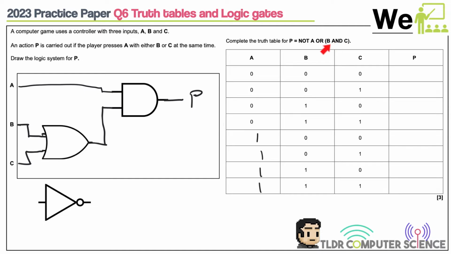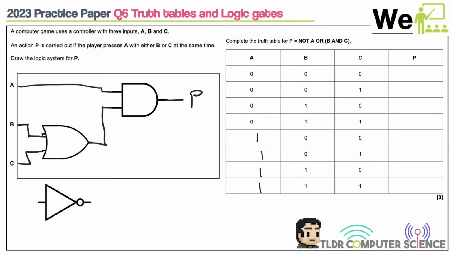So for B and C, they'll both have to be 1 for it to be a 1 in here, and then OR, and then not A. So anywhere where A is 1, not 1 would be 0, so that would be 1 or 1. The places where it will definitely be 0 would be if A is 1, because that would be a 0, and then either B or C is a 0, and it will also be 0.